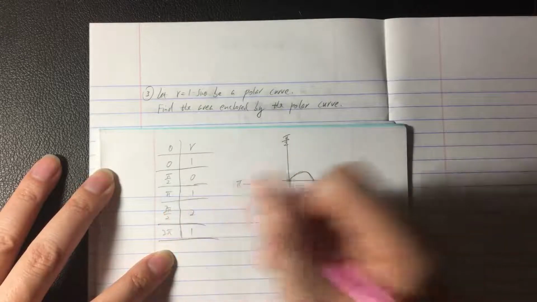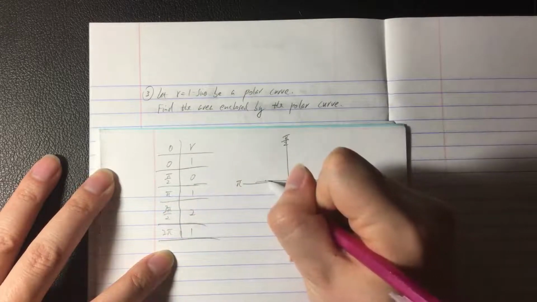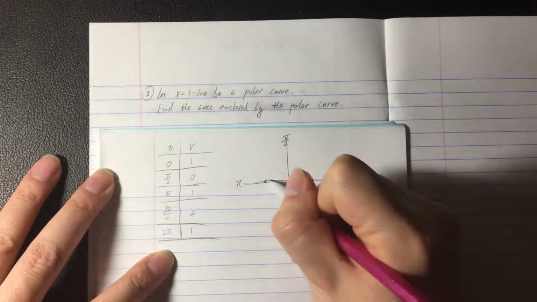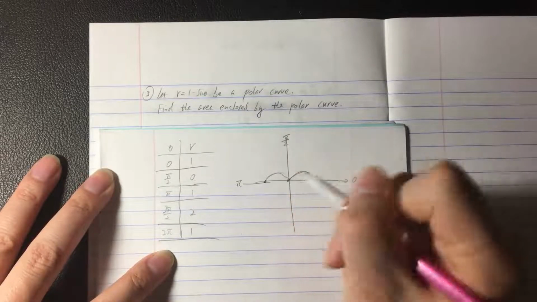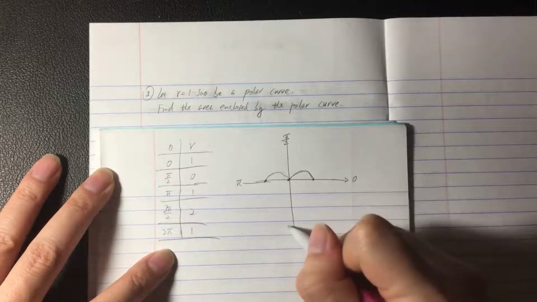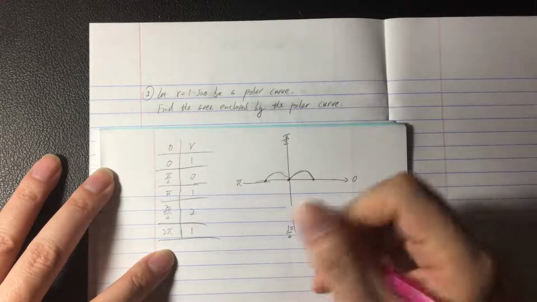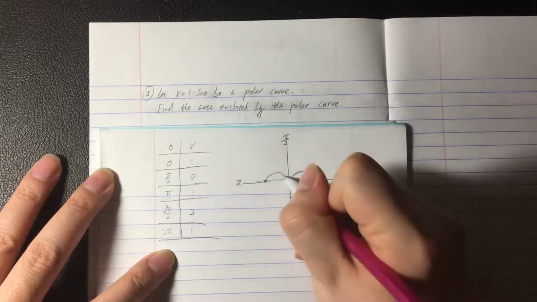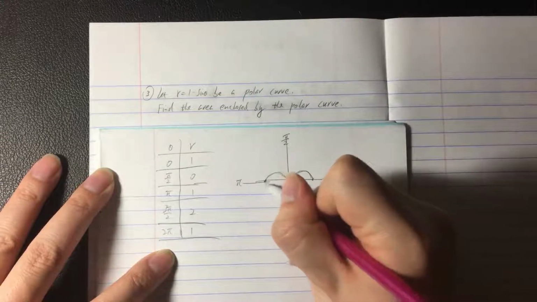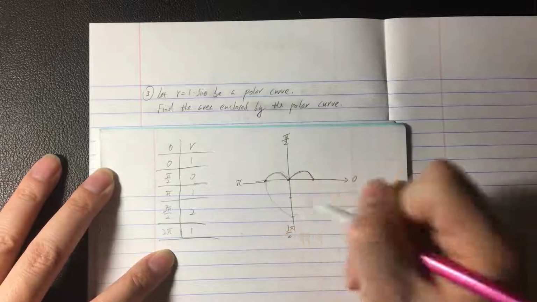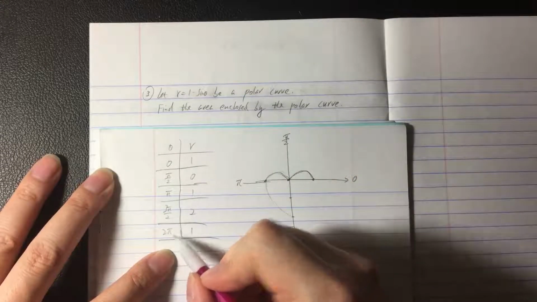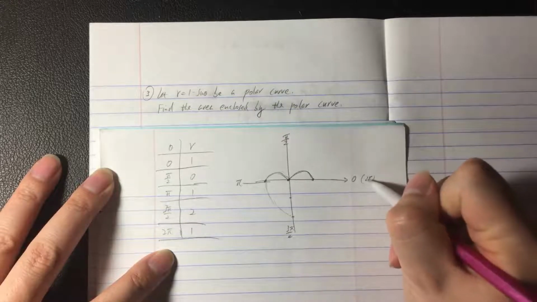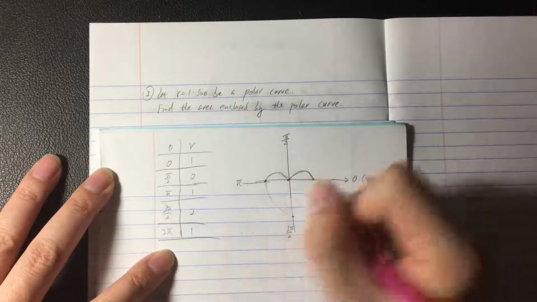When theta is pi, r is 1. When theta is 3 pi over 2, r is 2. When theta is 2 pi, r is 1. 2 pi goes back to 0. R is 1. We are here.